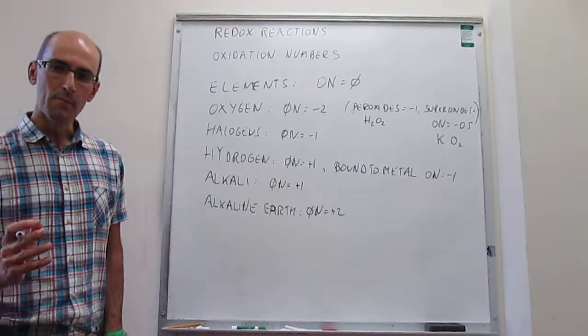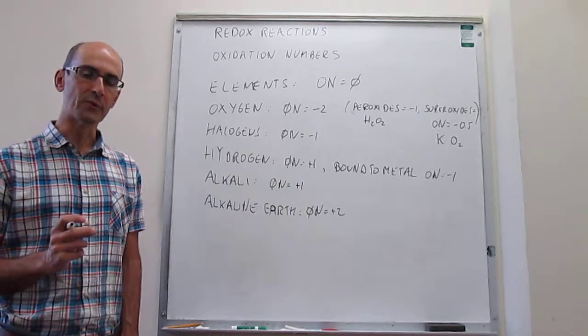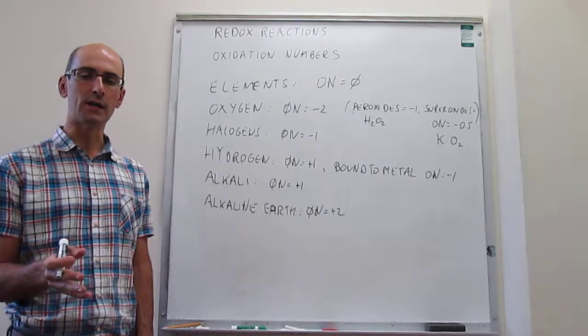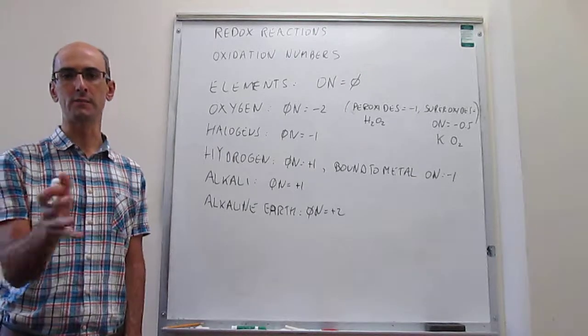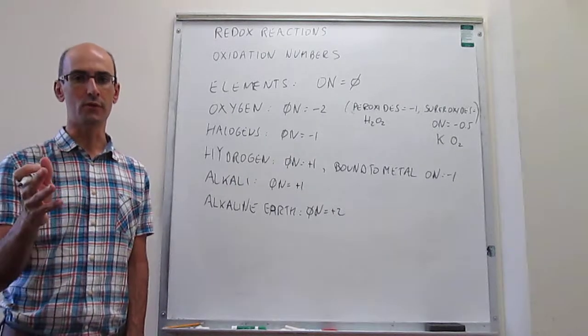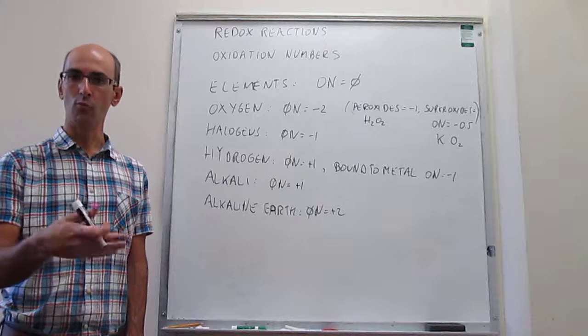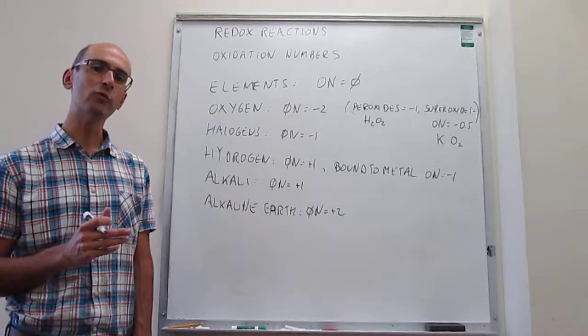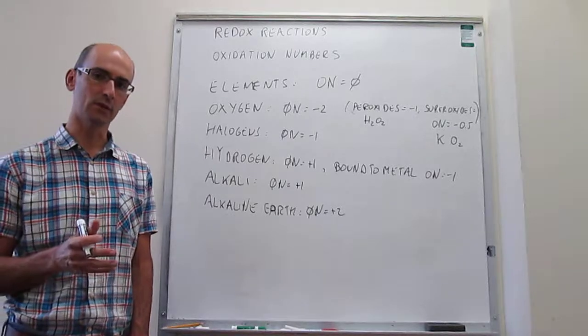Okay, now comes perhaps the most important rule. When you have a compound with various atoms and you're trying to determine the oxidation number of each one of the atoms in that compound, the sum of the oxidation numbers of all of the atoms that you have multiplied by the stoichiometric coefficients has to be equal to the charge of the molecule.